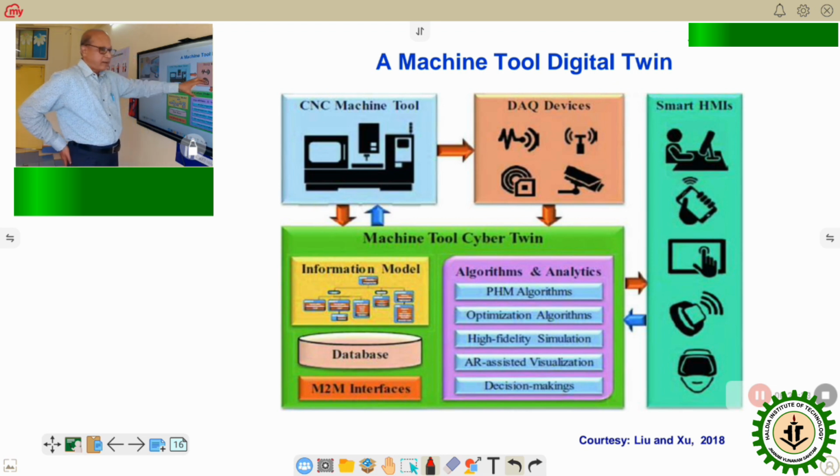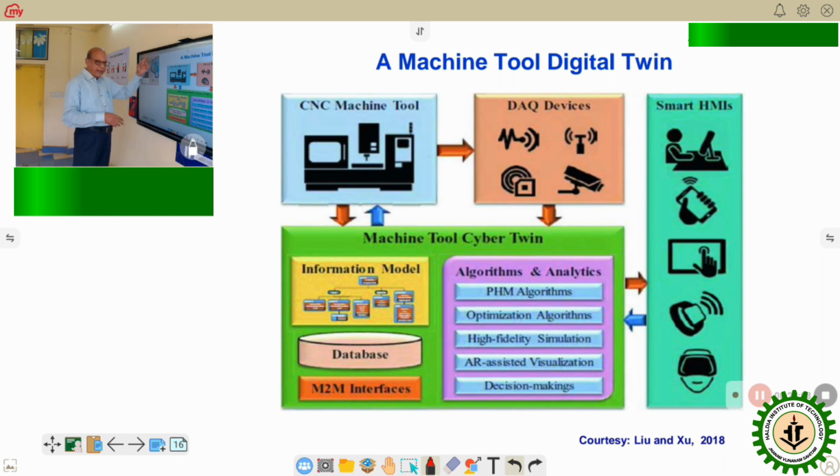A lot of sensors are deployed in the shop floor, which are responsible for capturing real life data from the machine, and those real life data, through the internet, through your network, should be transferred to the machine tool digital twin. And your process parameters, what I was talking about, speed, feed, depth of cut, can be automatically displayed in the machine tool, and those also can be transferred to the cyber world for necessary calculation and utilization.